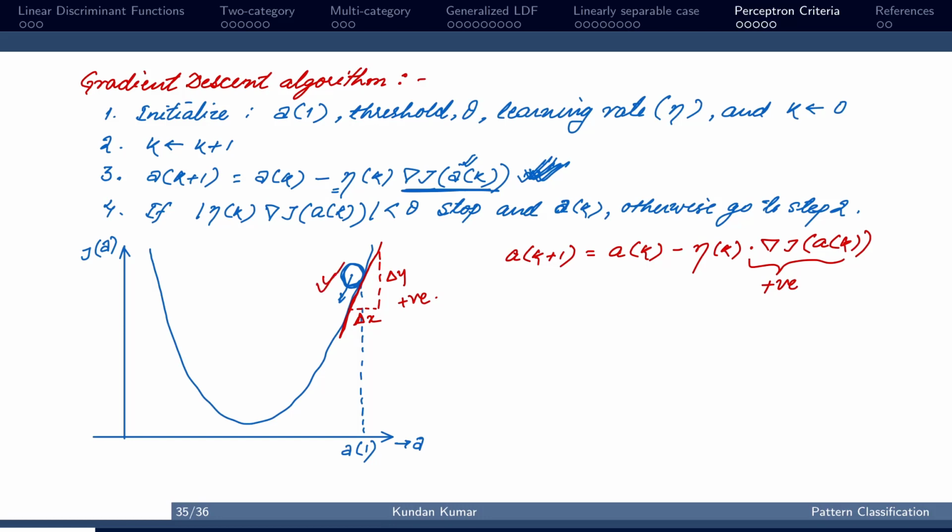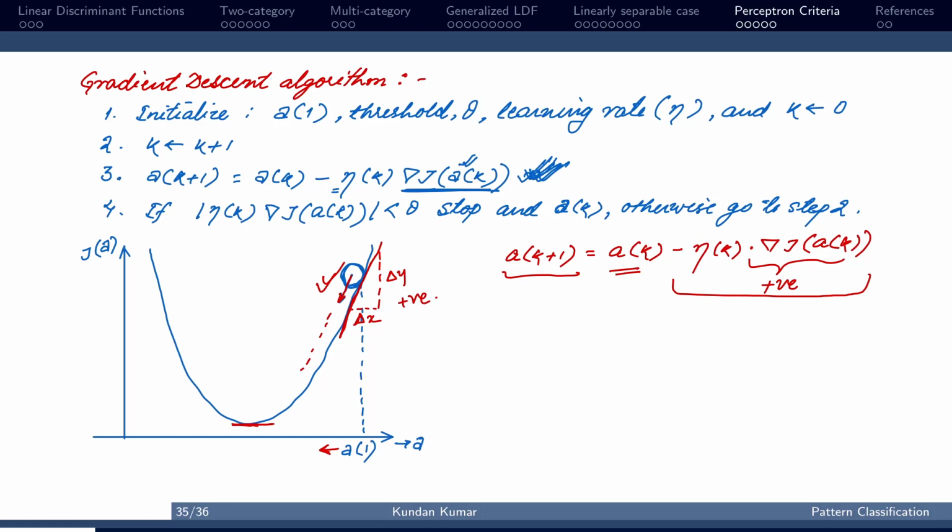Then what will happen? The total term will be subtracted from the initial weight, so the next iteration weight will be reduced. That means in the next iteration the weight will move in this direction, so it will try to approach the global minima.